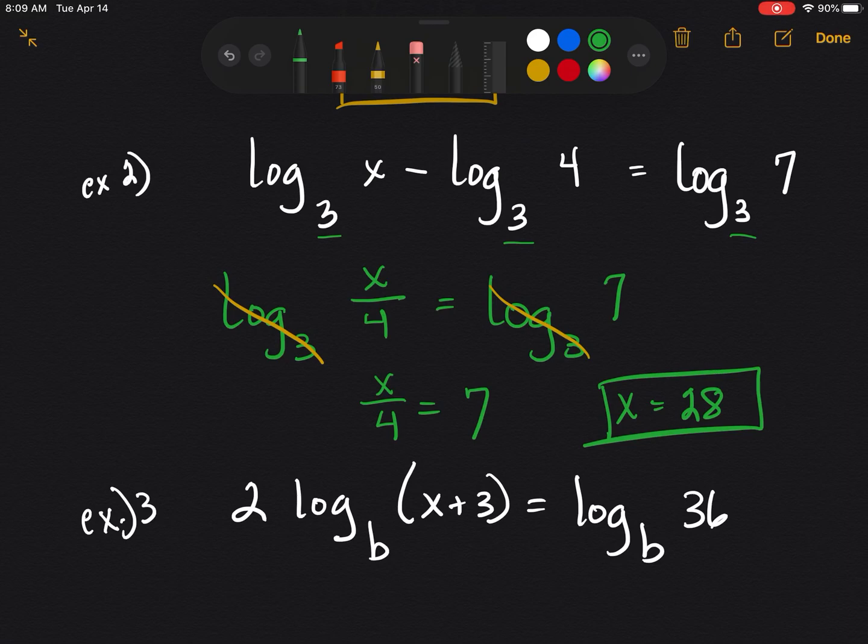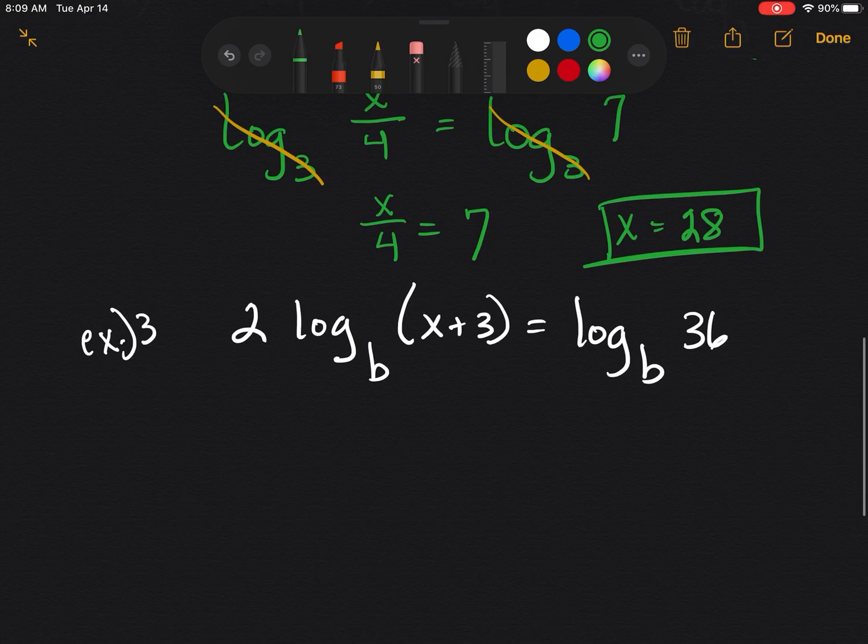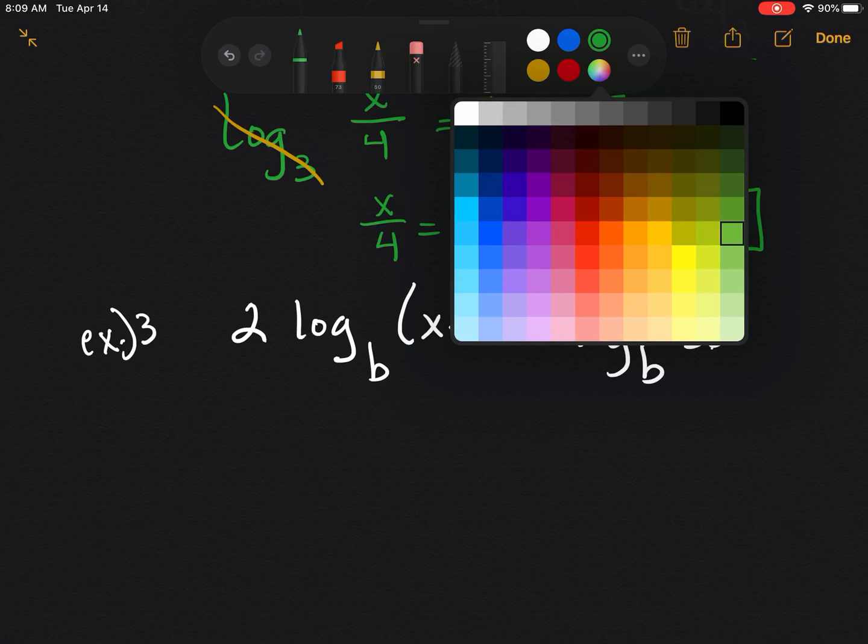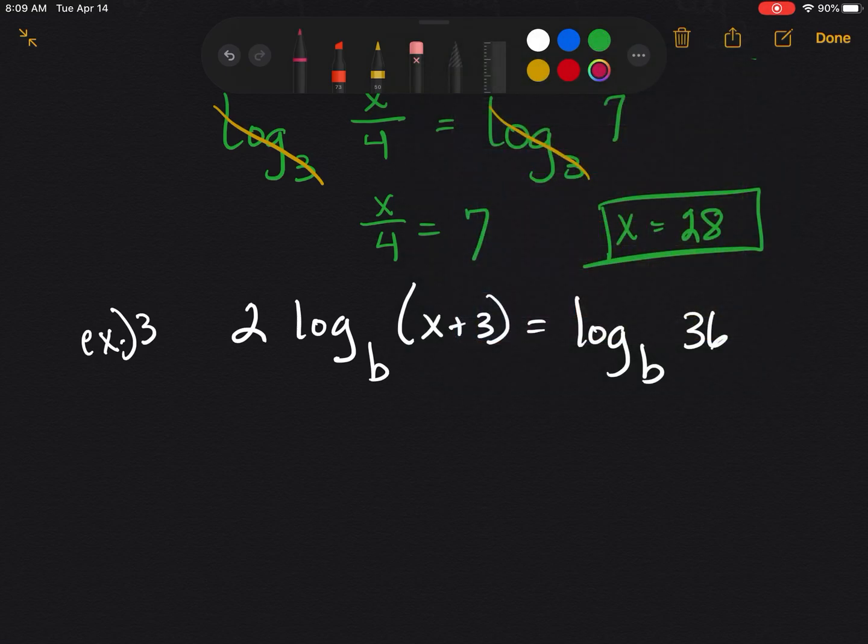Let's do one more example using the power property. Remember that this right here, when it's out in front of the log, can be written as the exponent here. So when we rewrite this, our bases are the same.